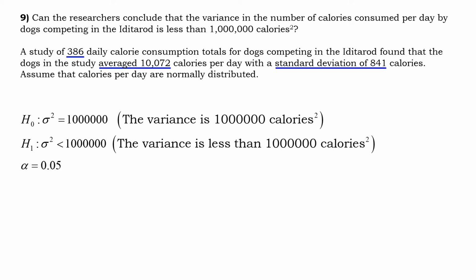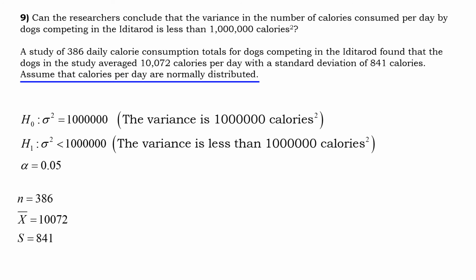So we have a sample of 386 days worth of calorie consumptions. And so the average and standard deviation being given here are X bar and S. They're from the sample of 386 observations, not for the entire population, all calories consumed by all dogs all time.